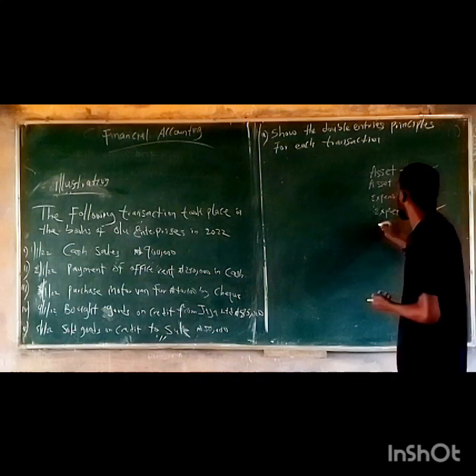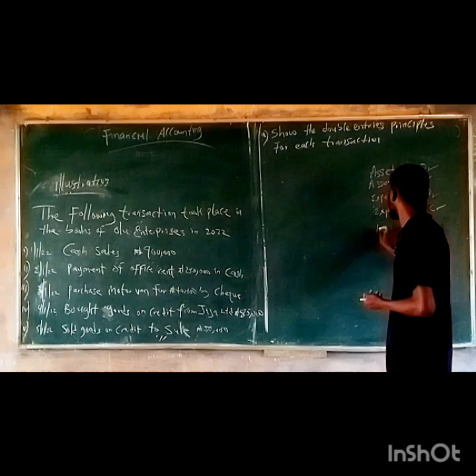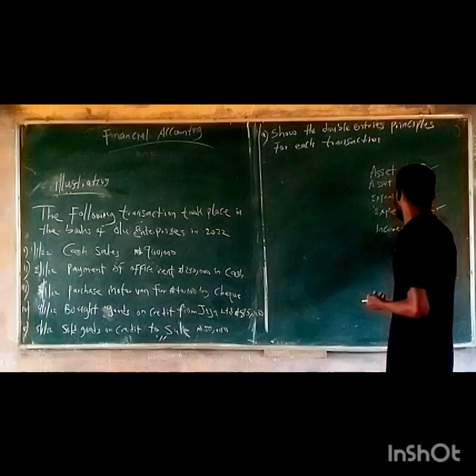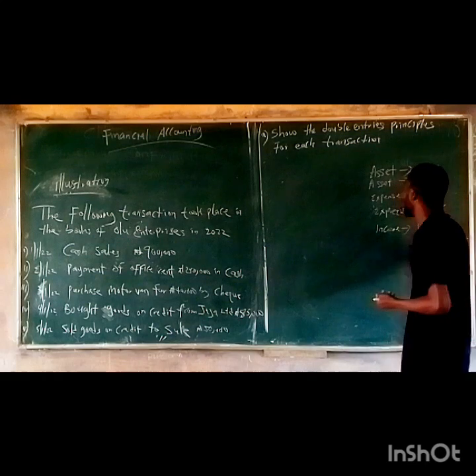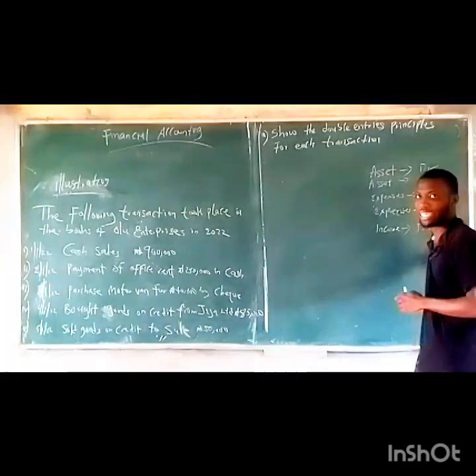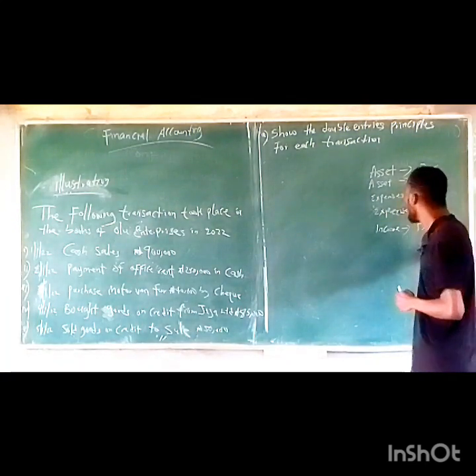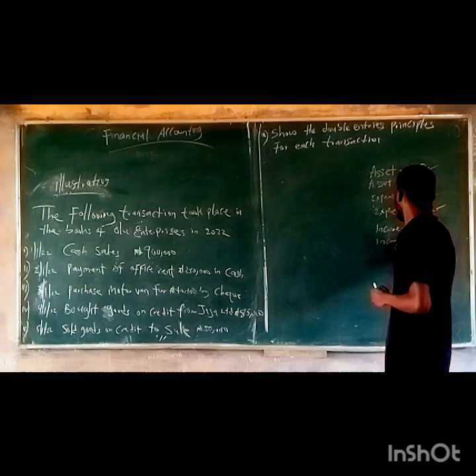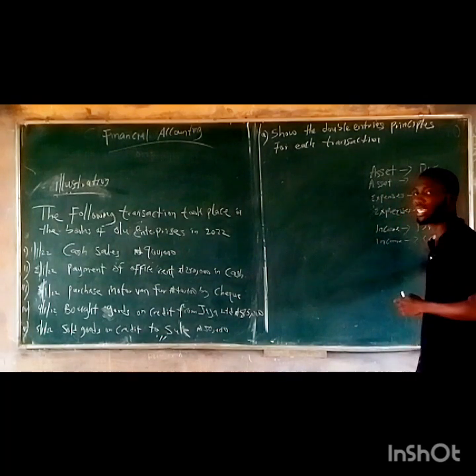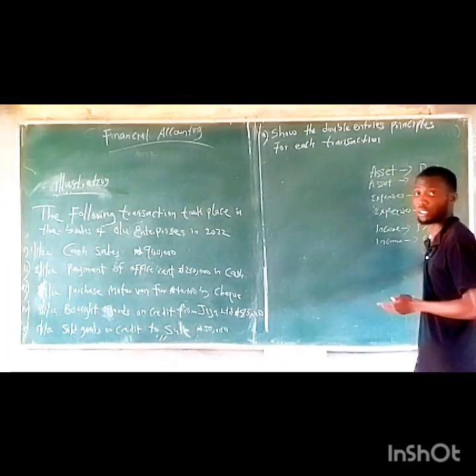Now, when we talk about income, when the income is at the debit side, that means there is a decrease in income. But when the income is at the credit side, it means there is an increase in income.